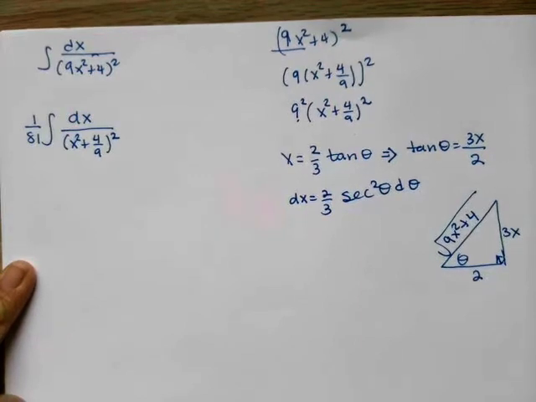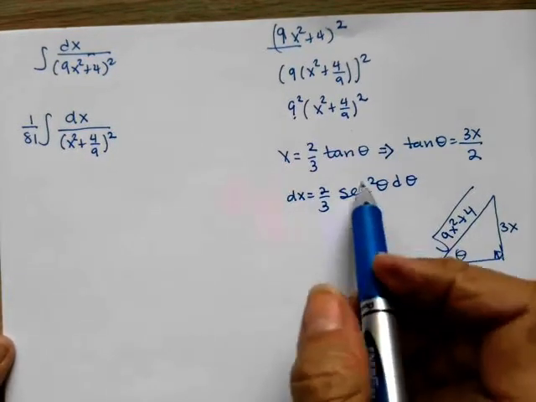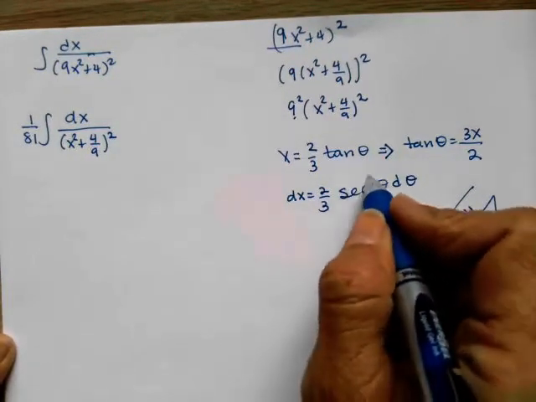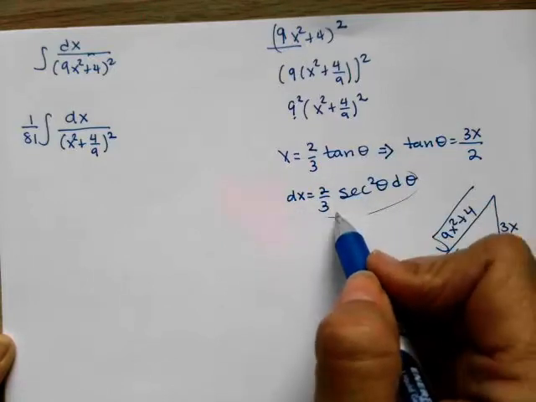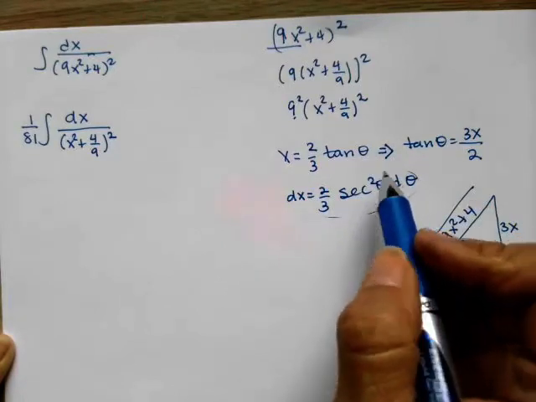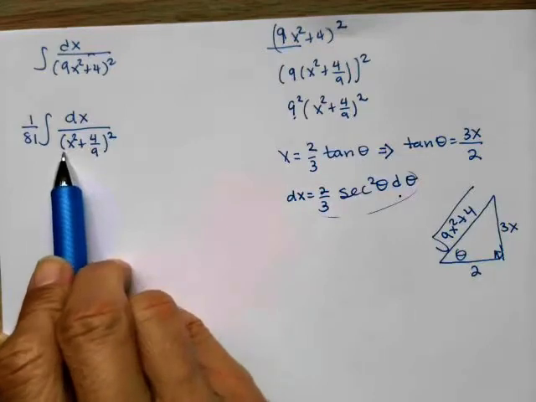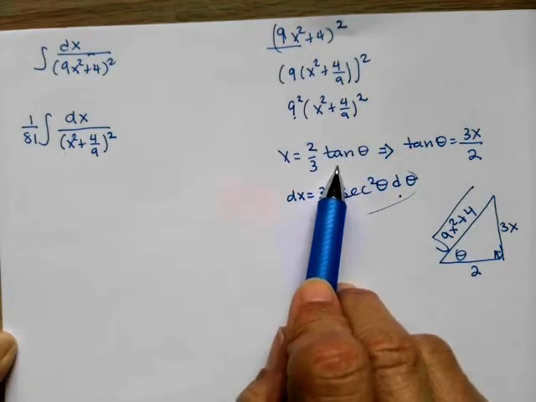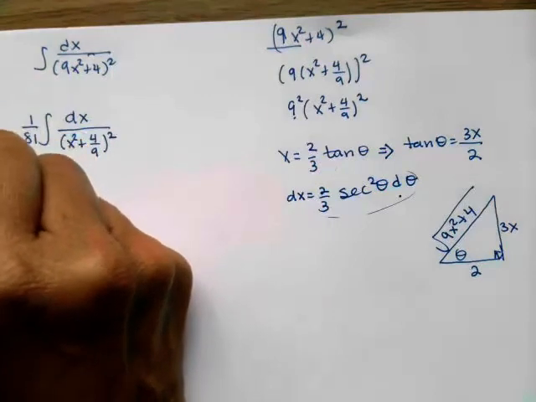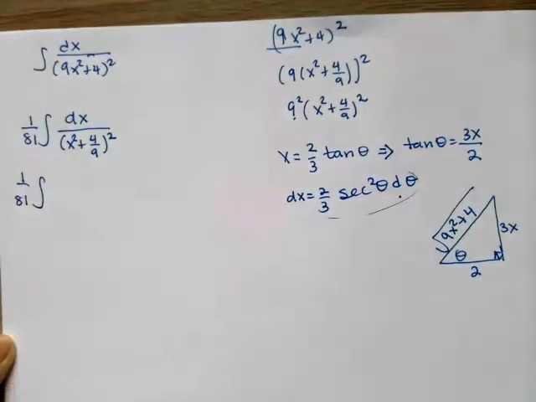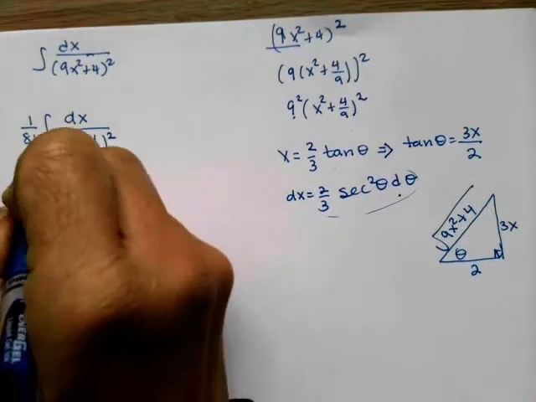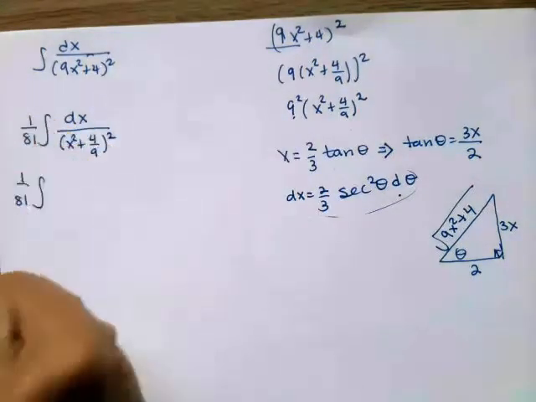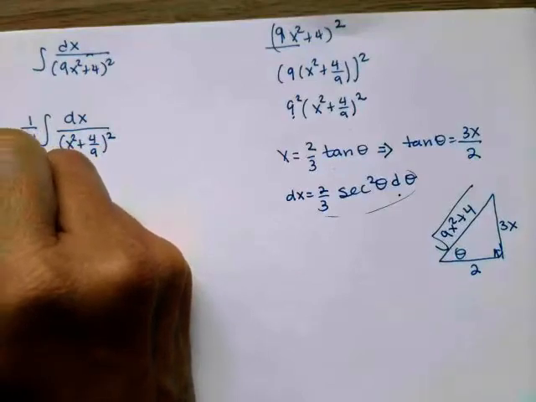Okay, take a deep breath. Here we go. We're going to now make our substitution, right? So dx gets replaced with 2/3 secant squared theta d theta, and x gets replaced with 2/3 tan theta, and then we're just going to hope for the best. Here we go. dx, there it is, 2/3. All my coefficients I'm going to move out front, and they're just going to get ugly.